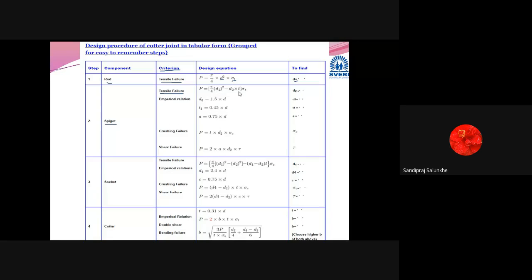That will be the area which is sustaining that tensile stress, multiplied by tensile stress will be the value of sustained tensile force. Now from this, we have calculated d2, and yet we have not calculated t.